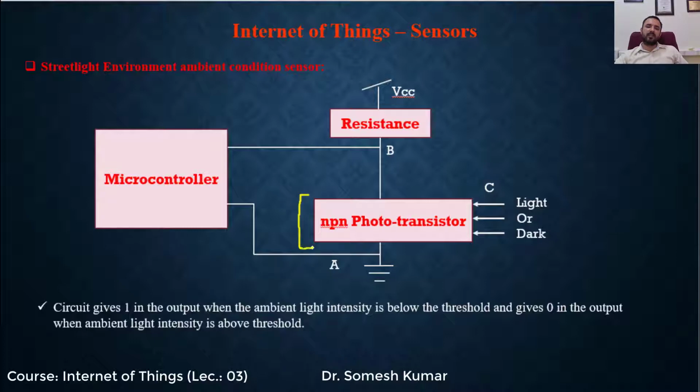A phototransistor is sensitive to light or dark. If light falls on this NPN transistor, it will give the output B. If there is light, then B should be 0. If there is no light, then B should be 1. And the microcontroller senses this and gives the output accordingly.